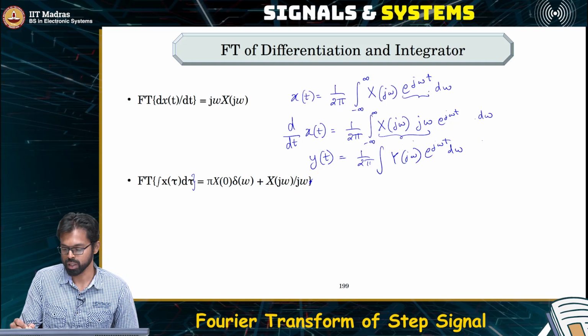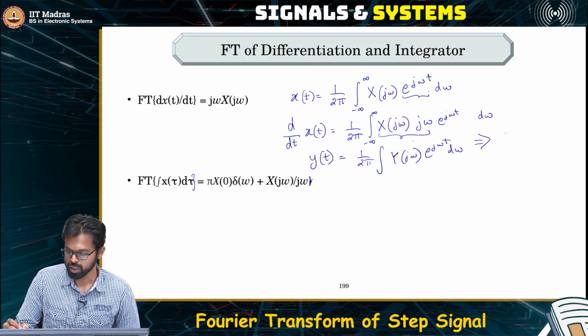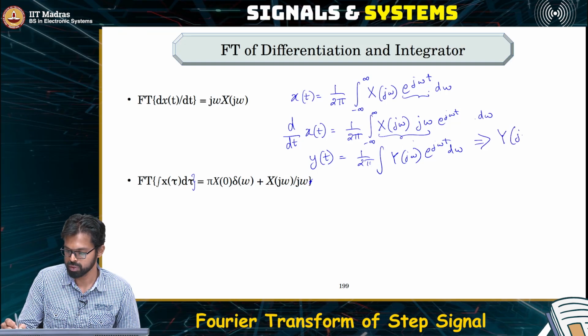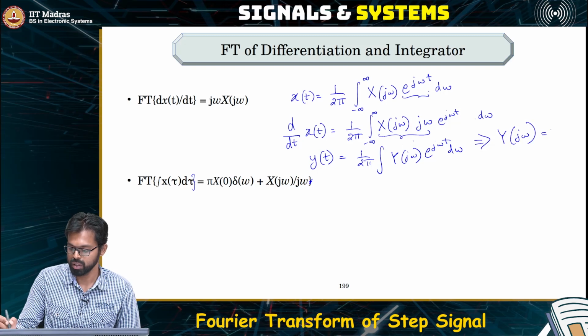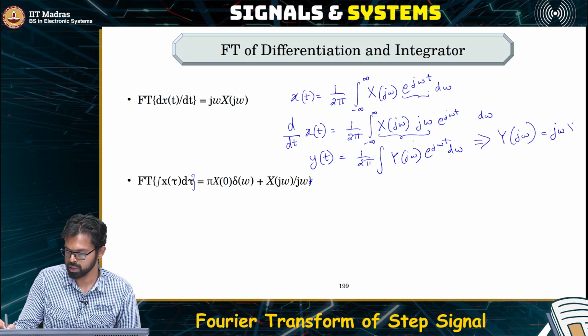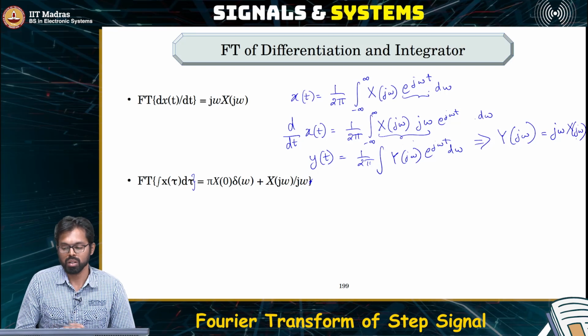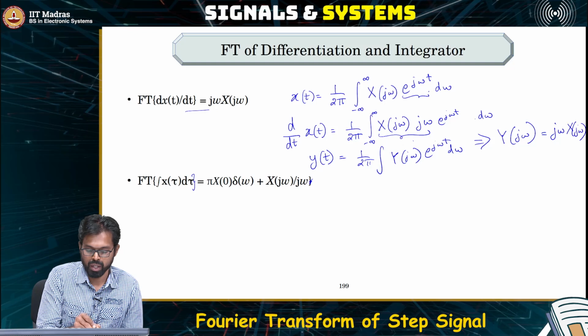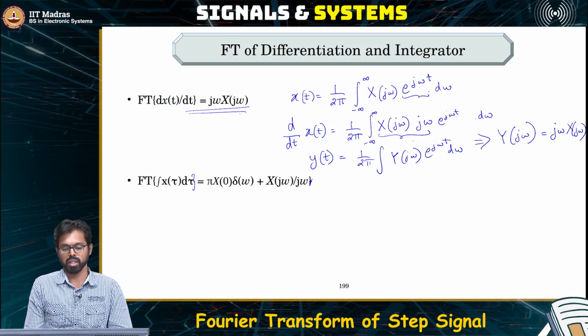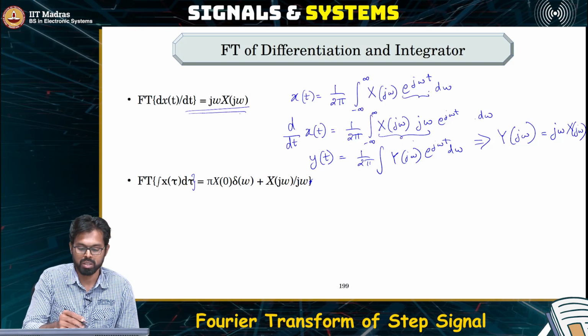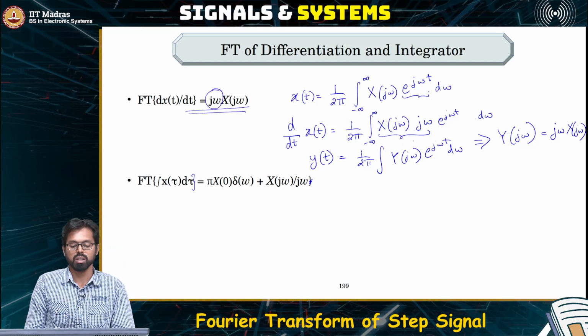So this is the inverse Fourier transform, which implies the Fourier transform of the derivative is j omega times x of j omega. So we have this relationship where when you take the derivative, the Fourier transforms are just multiplied with j omega.